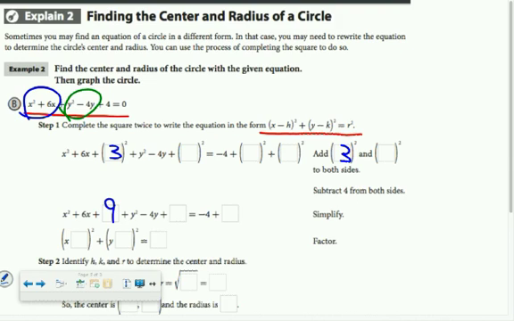It's 9. And then for the green expression, I take that -4, divide it by 2, and square it, keeping in mind that when I square a negative number, it becomes positive. So what I'm squaring is 2, and I'm adding it to both sides of the equation.